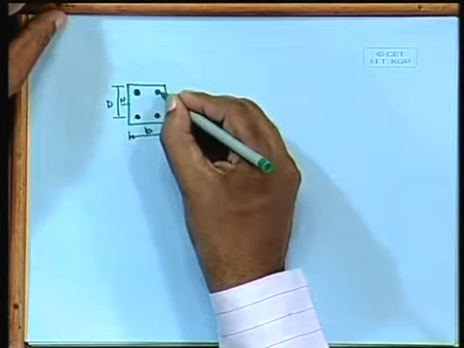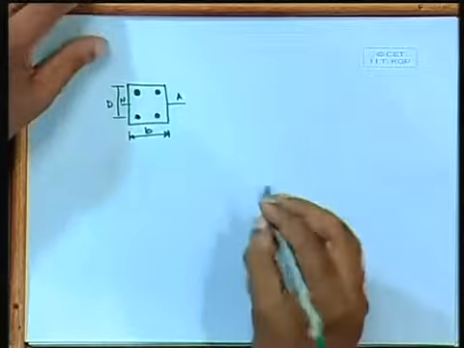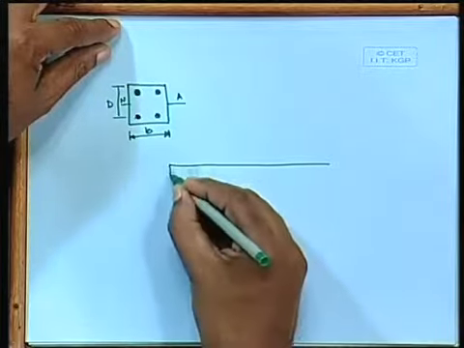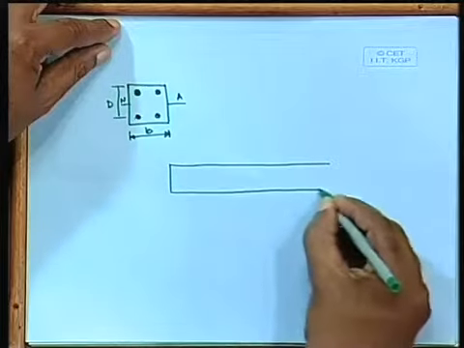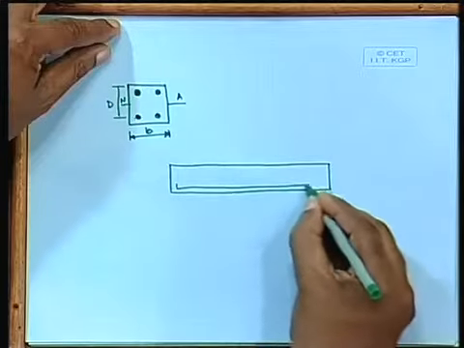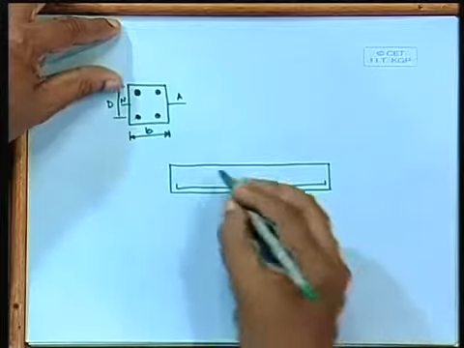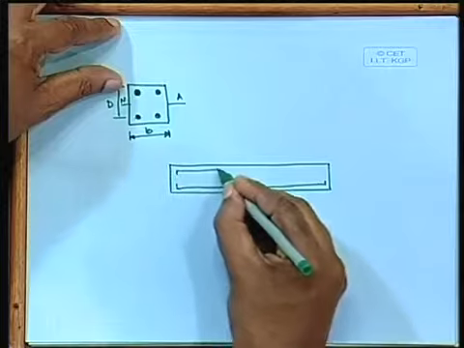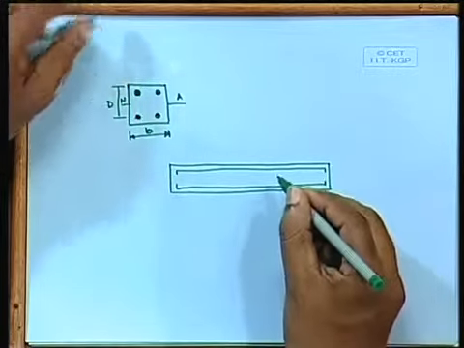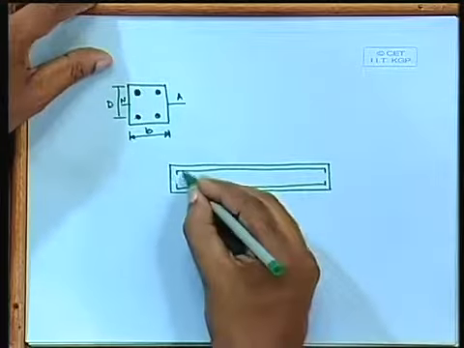Generally what we do, even if we provide reinforcement at the bottom, we also provide reinforcement at the top, though it is not required, but we provide this to hold the stirrups.